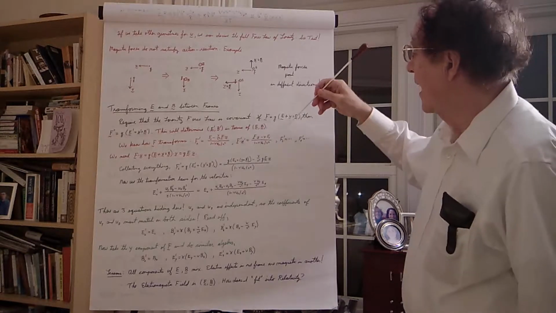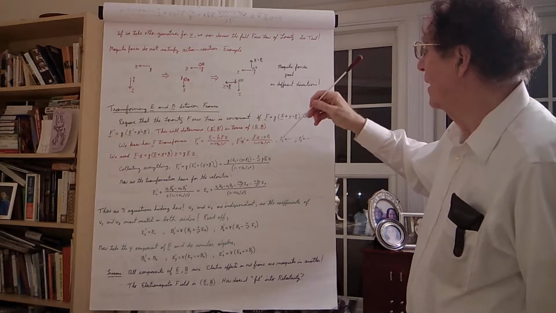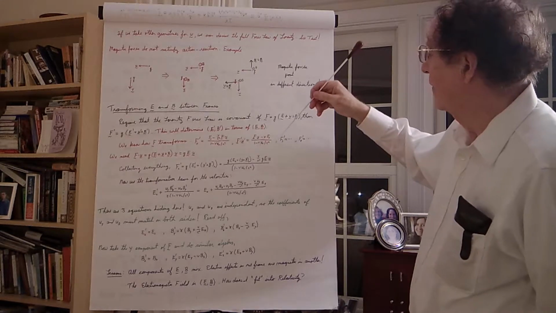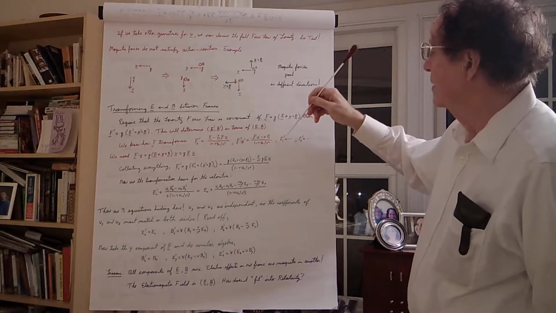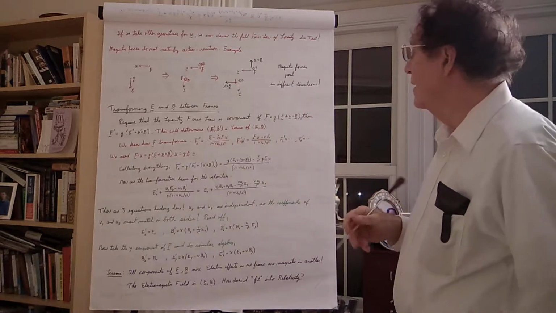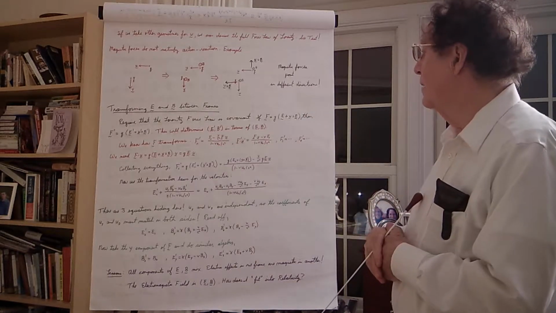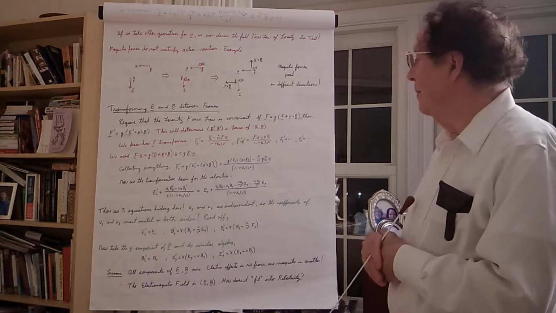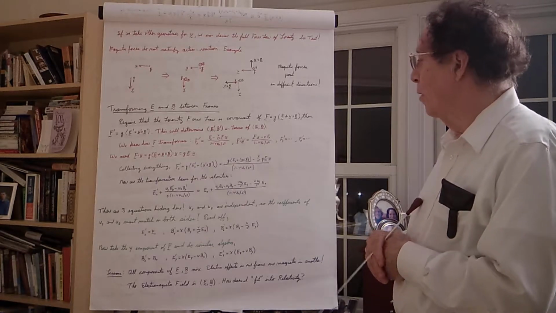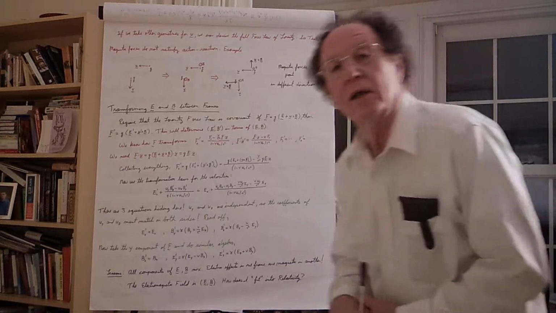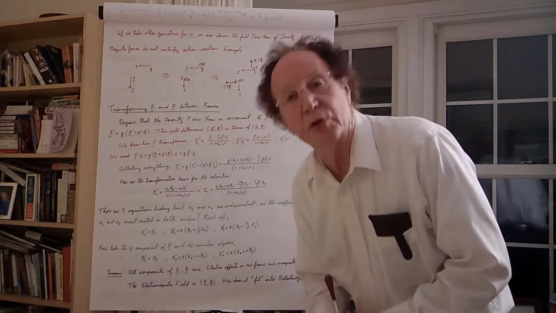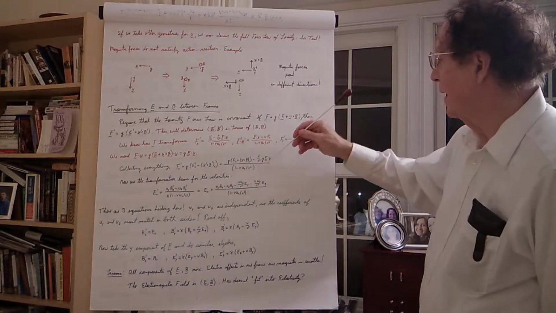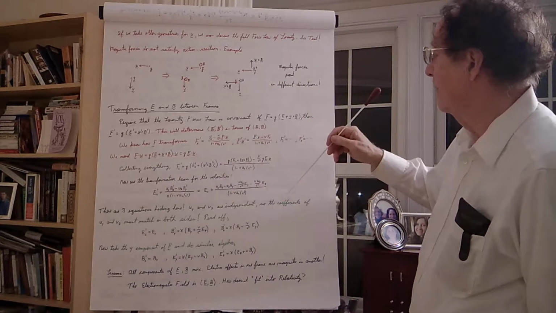So I have e dot u, which is ex times ux plus ey times uy plus ez times uz, just writing out the dot product for a general u in Cartesian coordinates. And that's all I've done here.